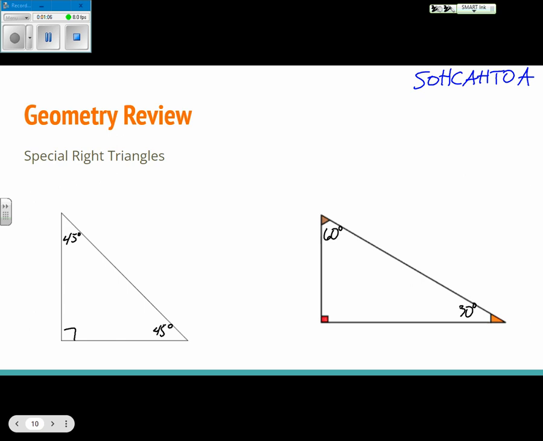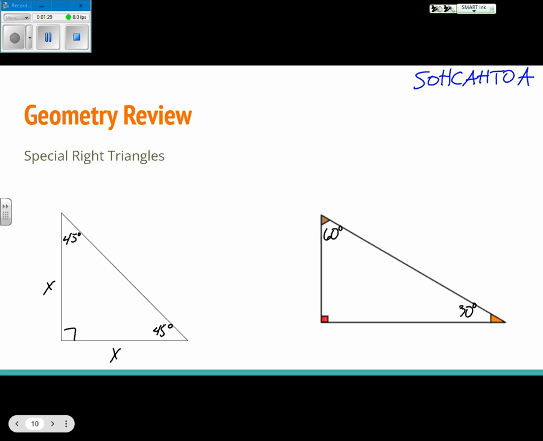The way the sides relate to each other is that the shortest side is always going to be x. Now on a 45, 45, 90 triangle, two sides are going to be the shortest, so I'm going to call them x.